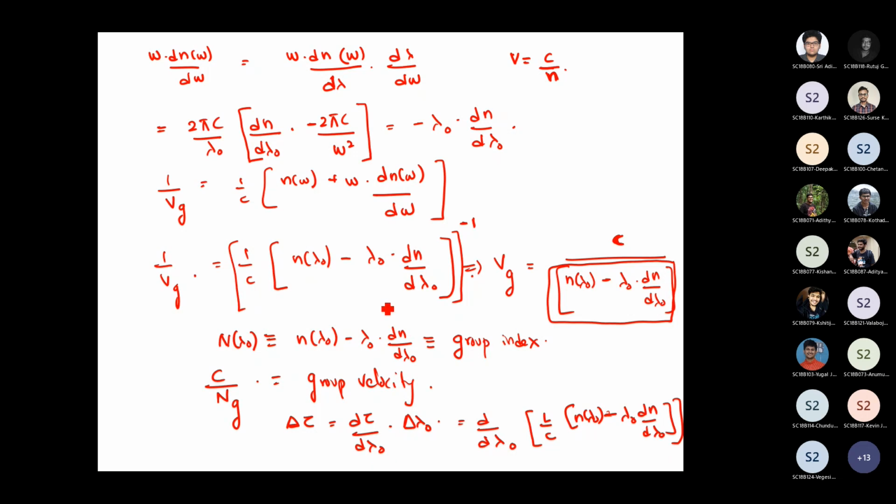We are considering an optical fiber of length L, so this is the distance. If you want to calculate the time, you simply divide the distance traveled by the velocity. This is the velocity of the pulse. If you divide these two, you get the time. That's how we arrived at this expression.